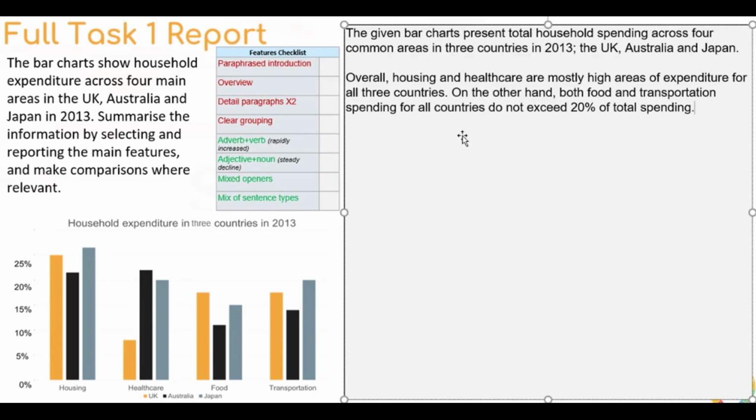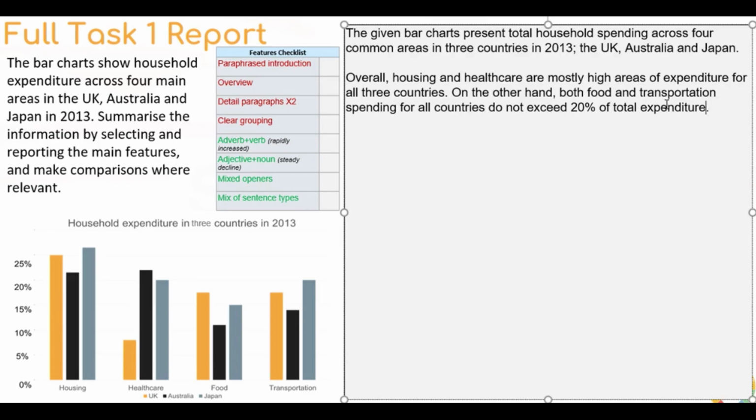And here you can see that I've added spending twice. I don't like repeating myself in my writing, so I need to think of another word for this. I could use expenditure as I'm in a different sentence. So let's write expenditure here.